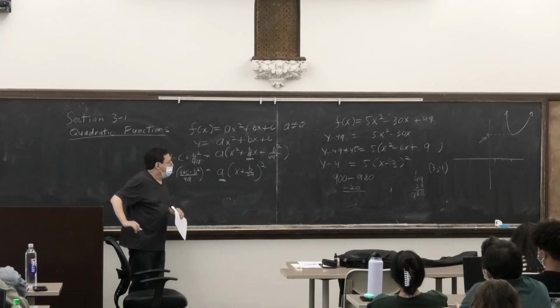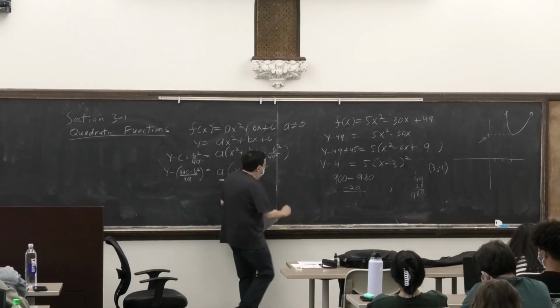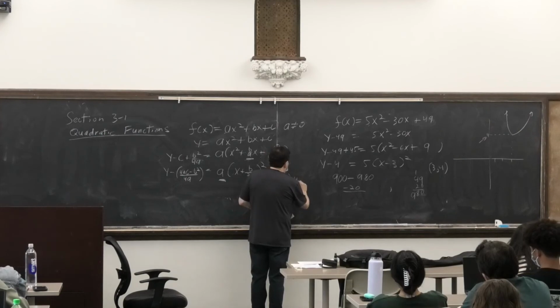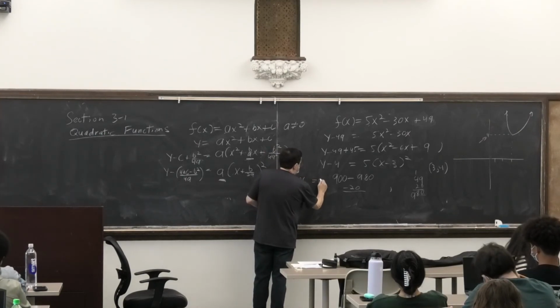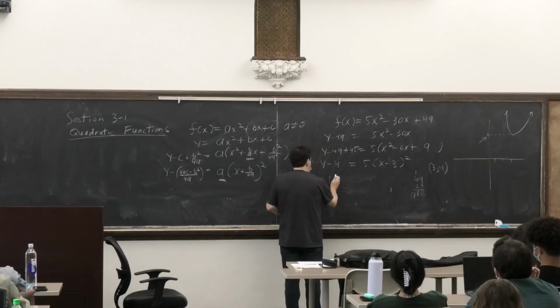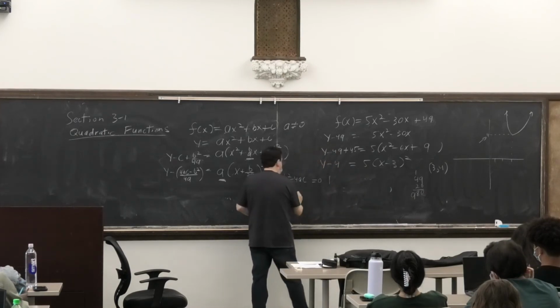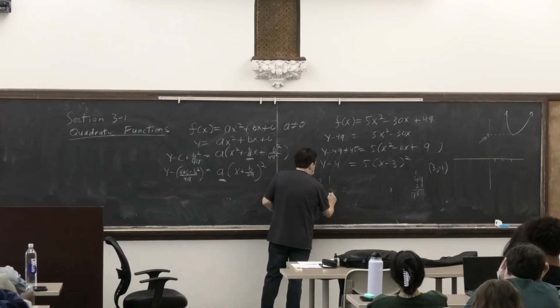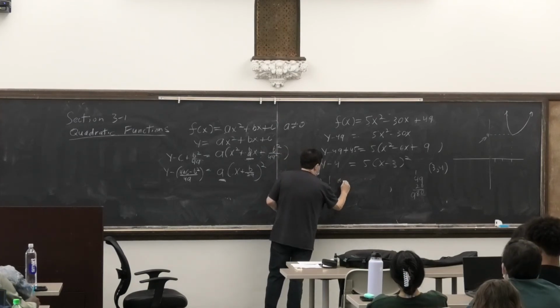About the roots. B squared minus 4ac equal to 0, you have one duplicate root.